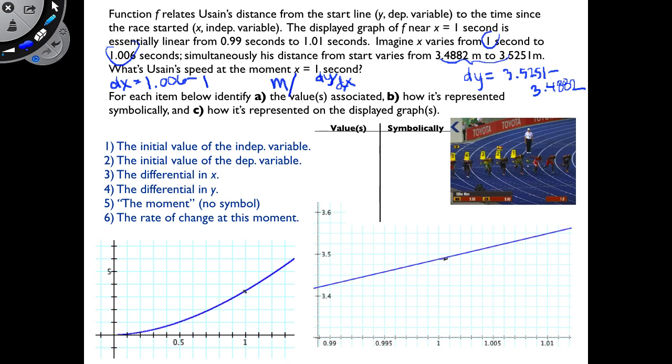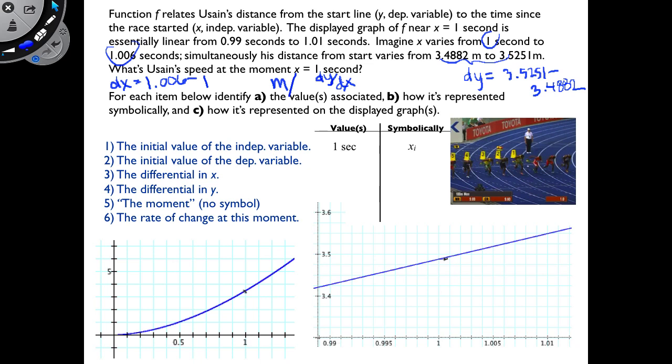If I wanted to represent the initial value of the independent variable, what symbol do we typically use for the initial value of the independent variable? Yeah, xi. So what about the value of that? What is the initial value of the independent variable? What is xi in this situation? 1, right? So value-wise, it's 1. Second is the units on that.